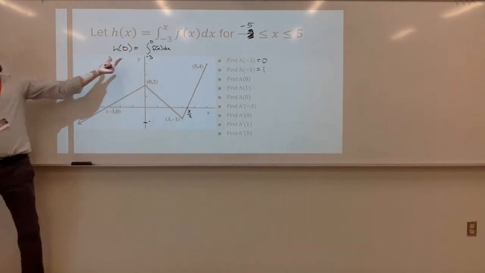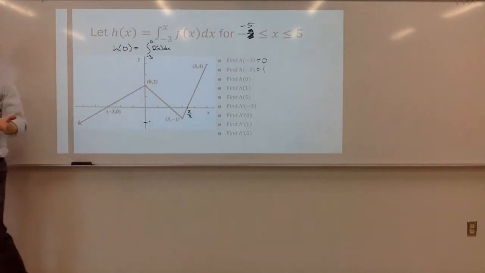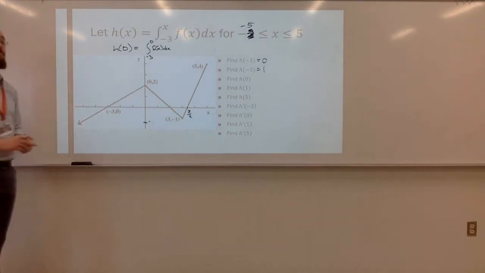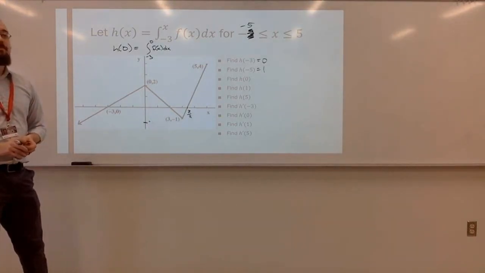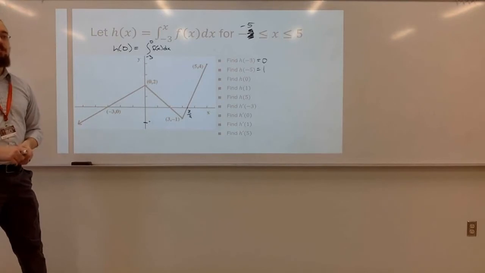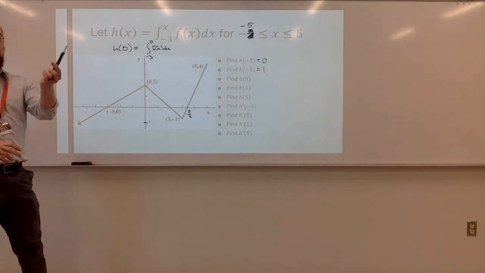Yeah, so this means area under the curve. I really can't do this if I'm not drawing on it. Sketch that. Or you can come up to the board and draw.